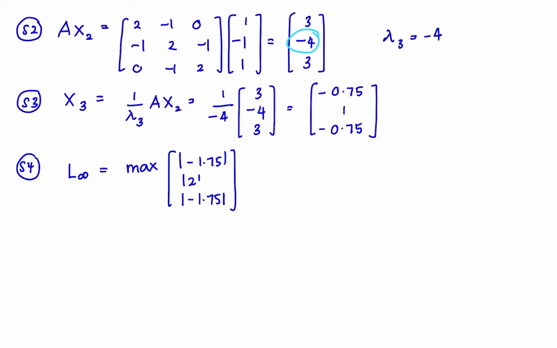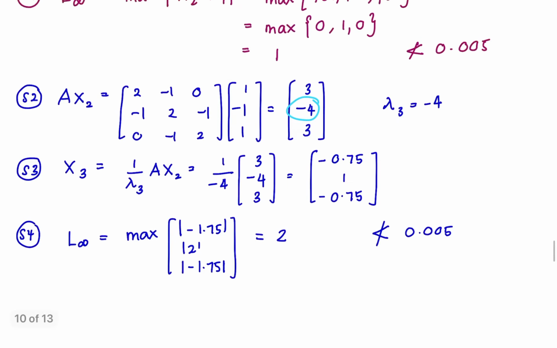Alright, so the maximum of these three will be equal to 2. And this is getting bigger, it seems, and this is not less than or equal to 0.05. So if you ask me at this stage, I will be a bit nervous because it's not converging.